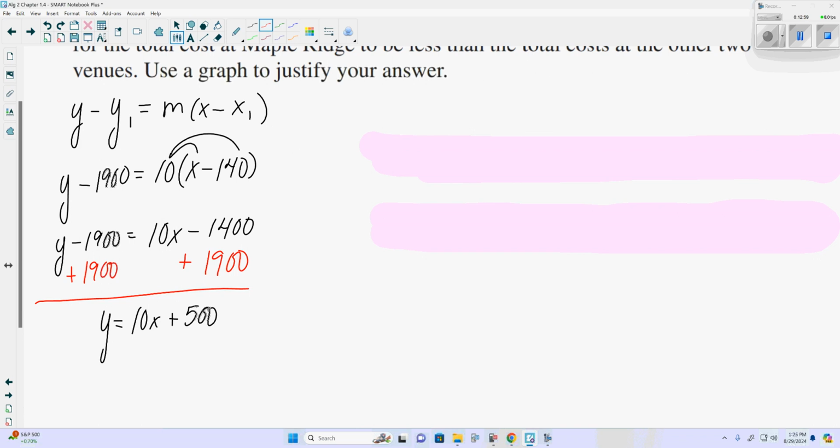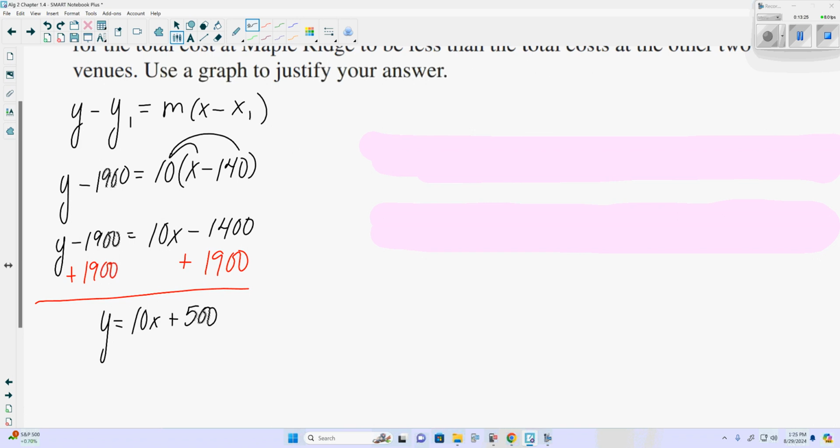So, Sunview had the most expensive starting cost. Maple has the second, and Lakeside has the cheapest, yes? Okay. Now, before we look at Sunview, let's look mainly at Lakeside and Maple.